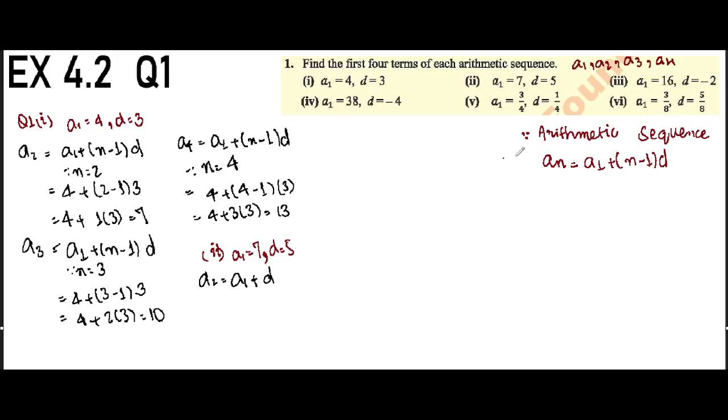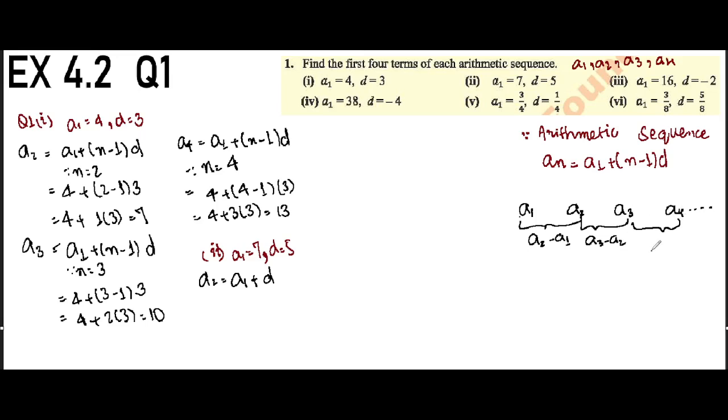What is d? Let's imagine this is an arithmetic sequence which has the terms a1, a2, a3, a4, and so on. So the difference between a2 and a1 is a2 minus a1, the difference between a3 and a2 would be a3 minus a2, right?